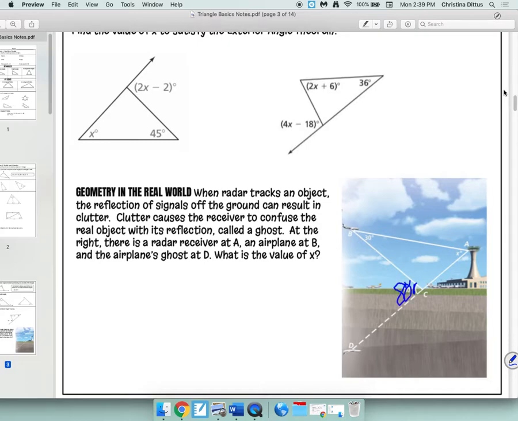So my outside angle is 80. My plane is descending at 30 degrees. And the plane to the tower is x degrees. So what's my outside angle? 80. And it has to equal my two inside angles added together. So 30 plus x. Do you agree with that? Yep. What's x? 50. There we go.